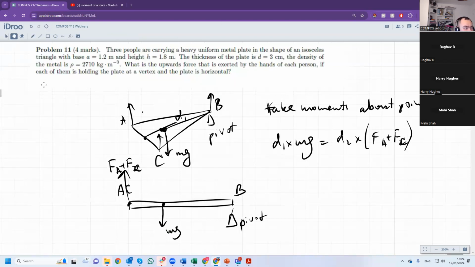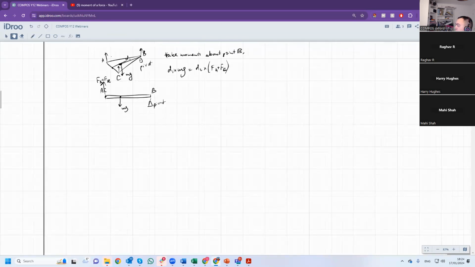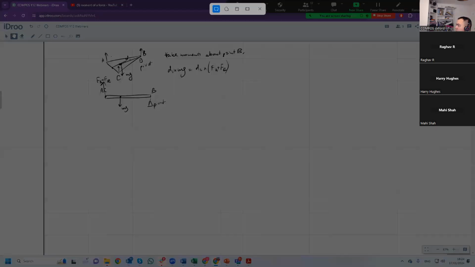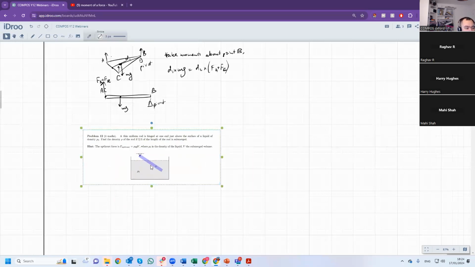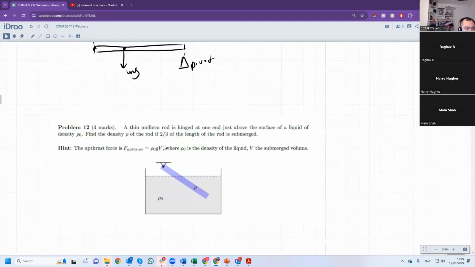Number 12, same logic. Absolutely the same logic. We have a pivot. So we have the gravitational force, mg, and we have the buoyant force, which is here.